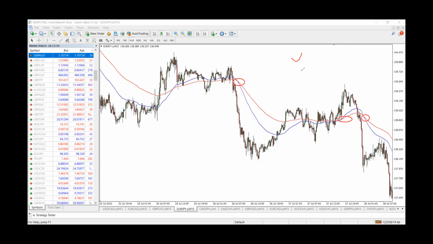The second thing is that because it waits longer, it tends to be much more lagging than the other one. Now somebody trading this particular signal here by the moving average will have sold here at this candle break.